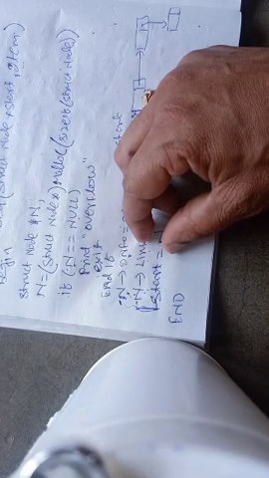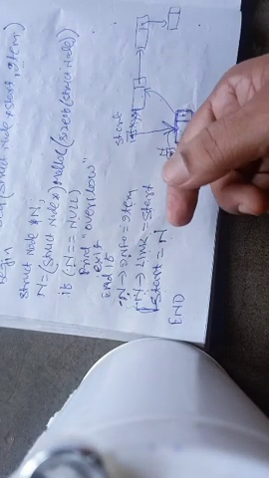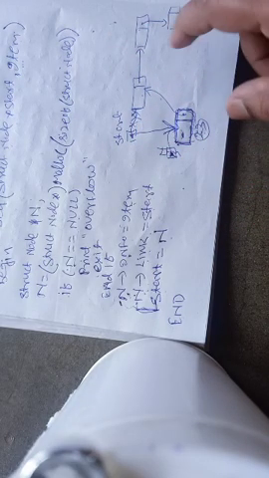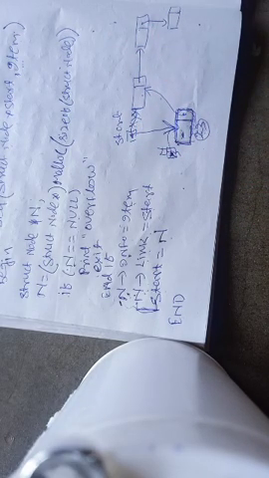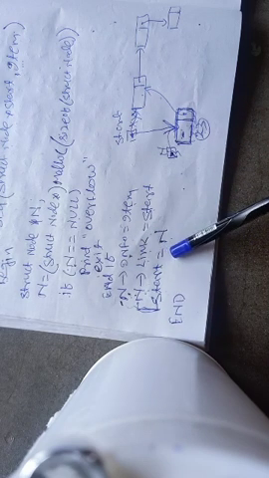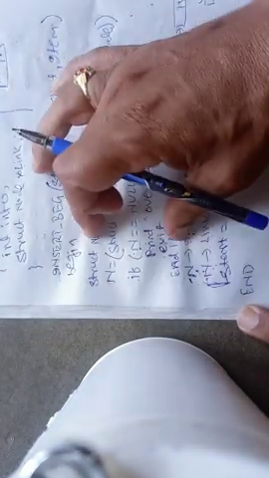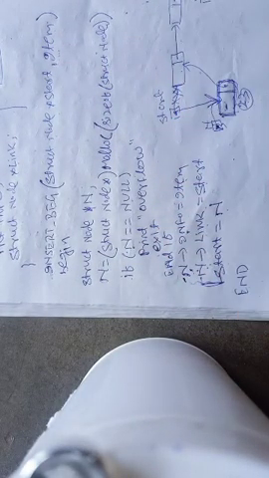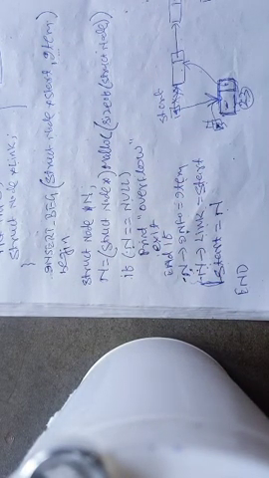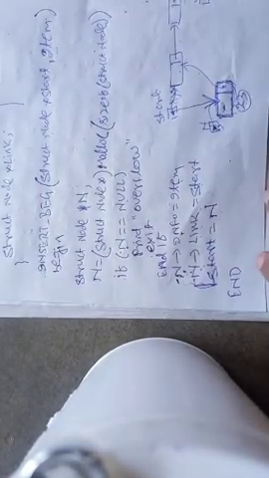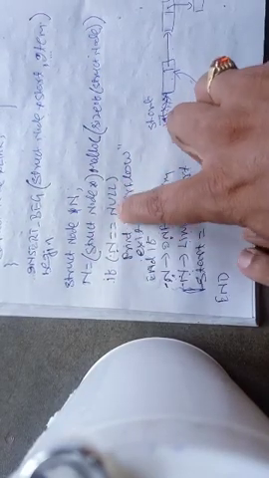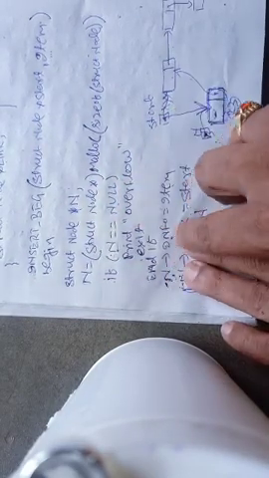When we write more algorithms to insert a node at the end of a linked list, or to insert a node in between any two nodes, these are the two lines that will change. The rest of this portion will remain fixed in all other algorithms, because in every algorithm, whether you want to insert at the end, at the beginning, or in between any two nodes, your objective is to first create a new node, then check for the overflow condition, then store n of info equal to item.